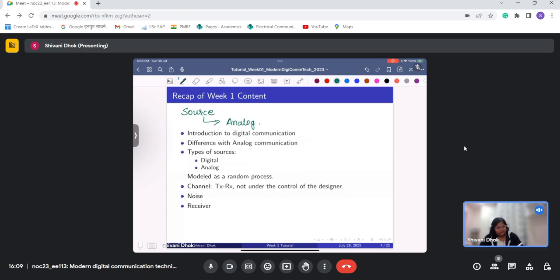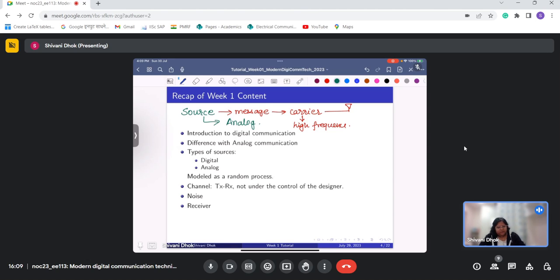Now in this analog communication, we have a source which is analog, and this generates a message signal which is mounted over a carrier, and this carrier is generally high frequency. After mounting it on the carrier, it is transmitted through an antenna.